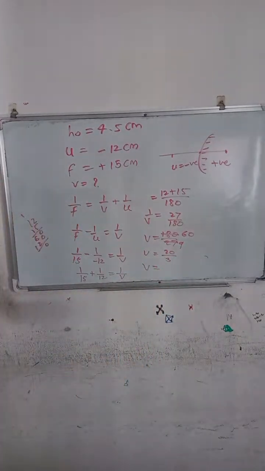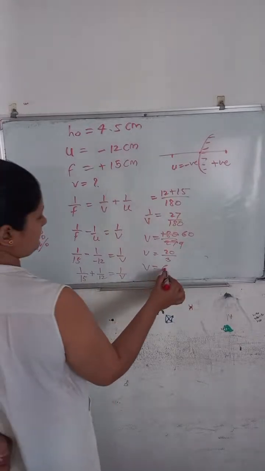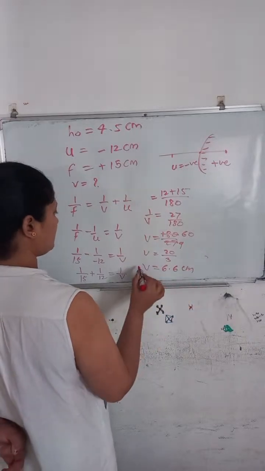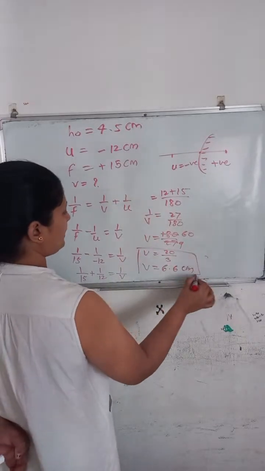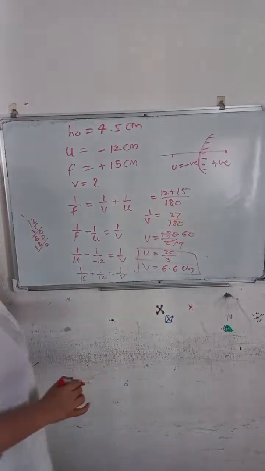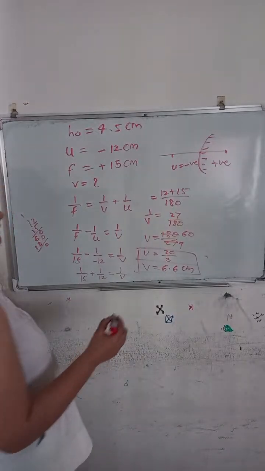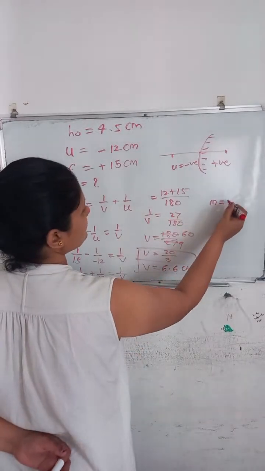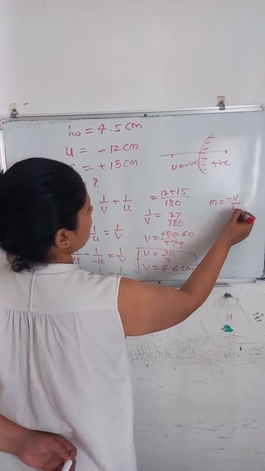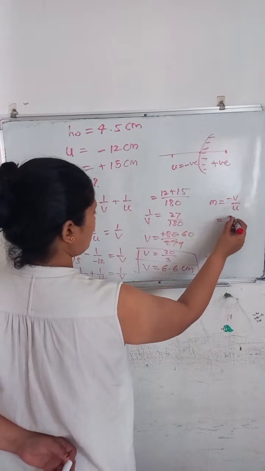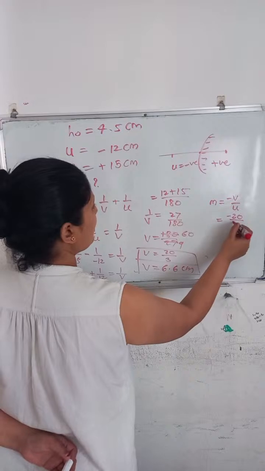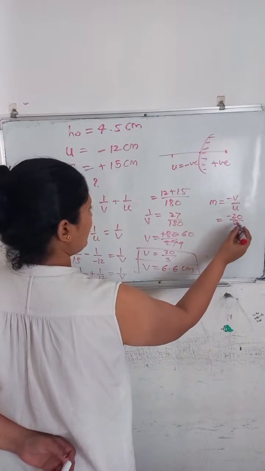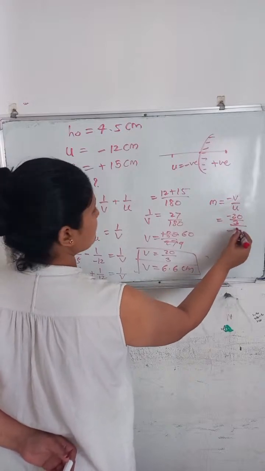V is 20 by 3, or if you simplify this, you will get plus 6.6 centimeter. Okay, you can write in the fraction or decimal form, anything. And magnification M is nothing but minus V by U. So V I got is 20 by 3, and U is minus 12.